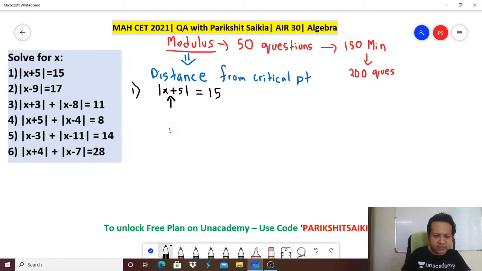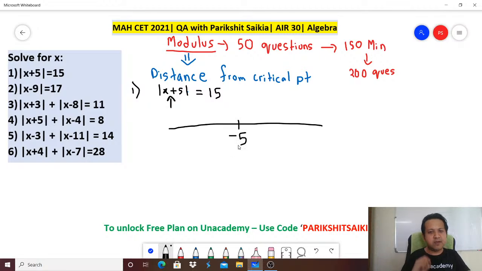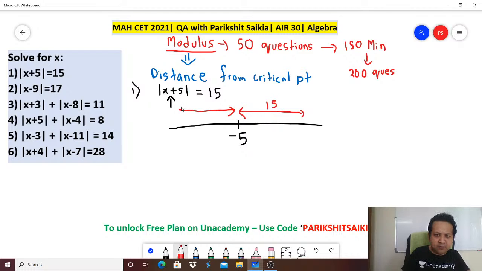So I have to plot the critical point, minus 5. Then what is modulus? It is the distance from this point, the distance on the right as well as the distance on the left. Can you calculate the distance? On the right, it should be 15 units, and on the left also, it should be 15 units.